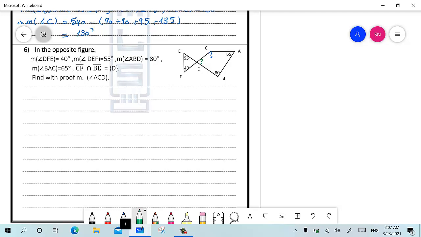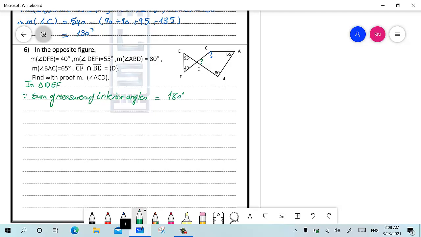So I should write in triangle DEF, since sum of measures of interior angles equals 180 degrees.